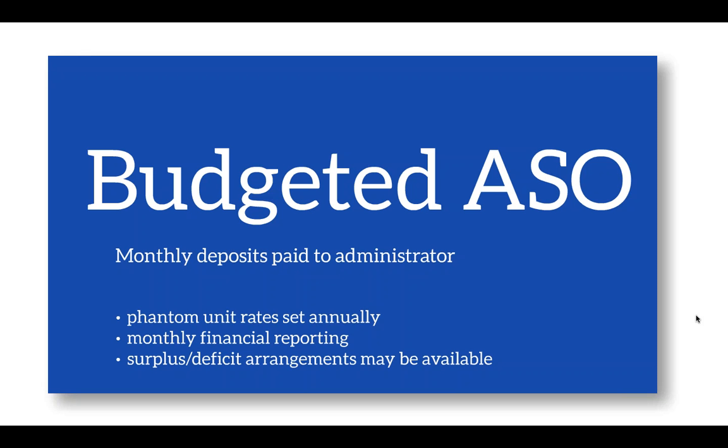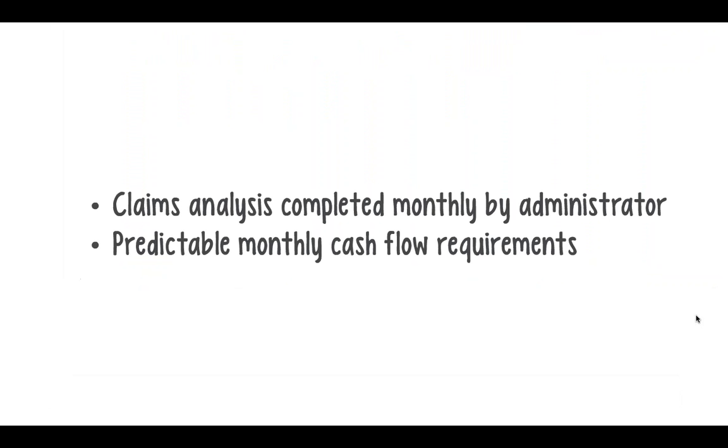So the client pays the same amount every month based on a predetermined set of rates, and again, that surplus and deficit arrangement is made available. Claims analysis is completed monthly by the administrator and passed on to both the advisor and also to the end user client. And this is the advantage of budgeted ASO, that predictable monthly cash flow requirement.